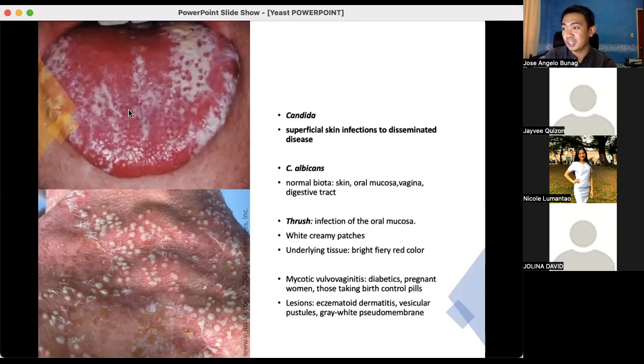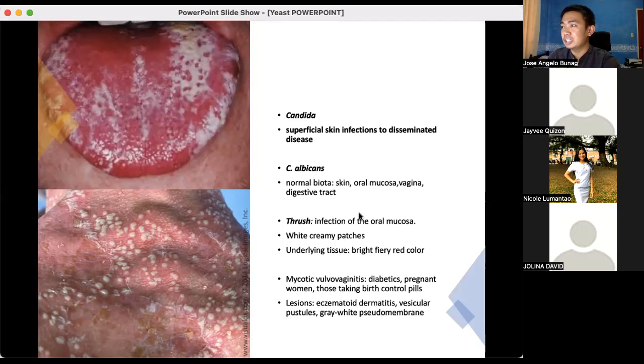So this is your oral tract. As you can see here, nasa skin, meron din tayo parang mga lesion, or the eczematoid dermatitis or vesicular pustule with a gray-white na pseudo membrane.